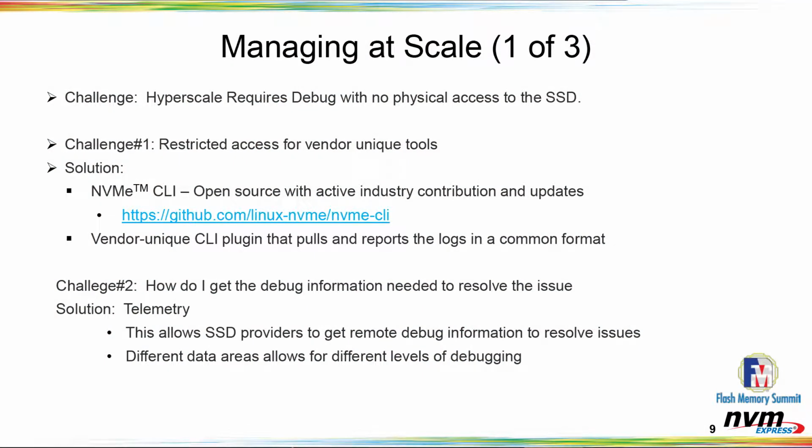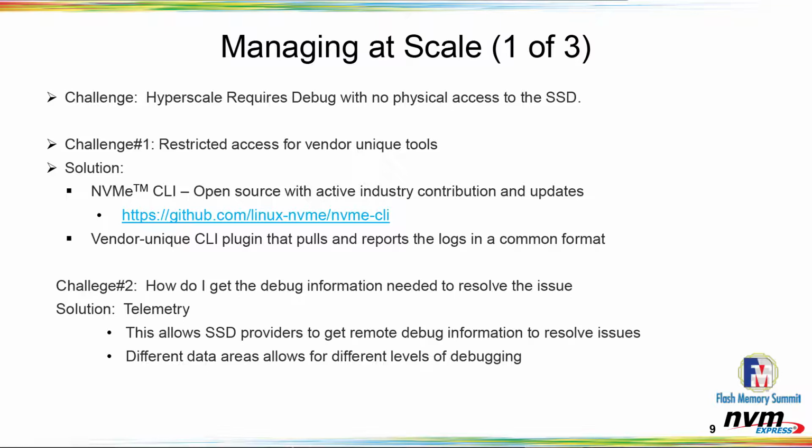This allows us to get all our data out of the drive, in our smart logs, in a common format. Though many vendors may have vendor-unique things or things placed slightly differently, it allows a standard way of reading everything out. NVMe CLI is open sourced, and there's a link here for you.